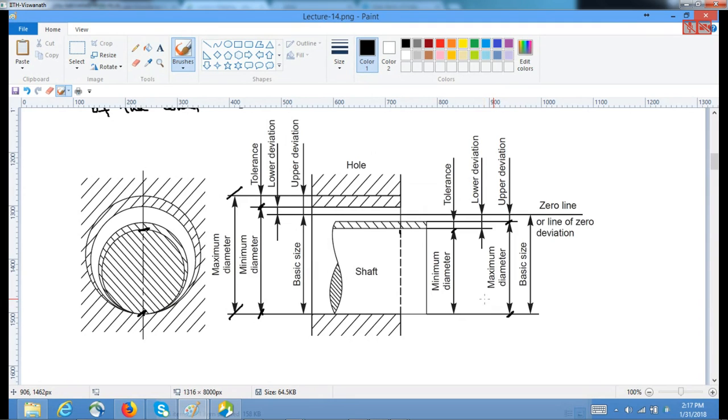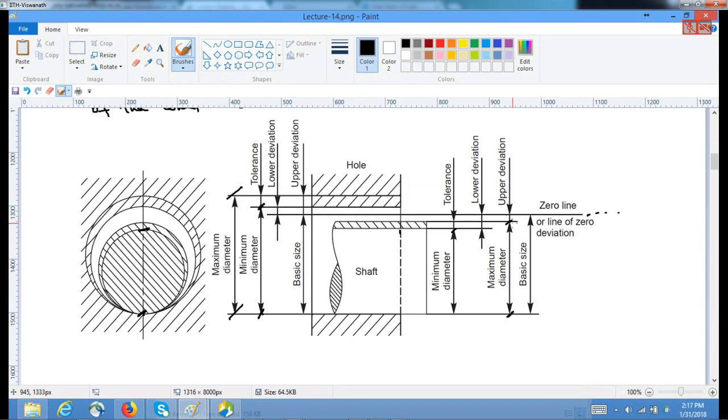And then there is something called the zero line, or the line of zero deviation. And this is the tolerance that is seen in the shaft. Similarly, this is the tolerance that can be observed in the hole. And then from the zero line, you will see the lower deviation and the upper deviation.